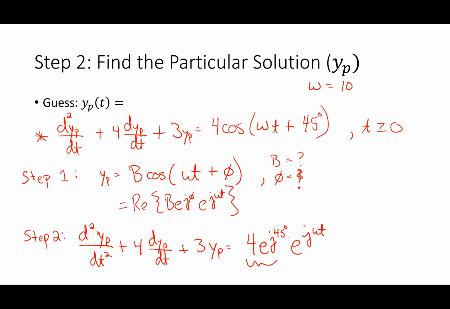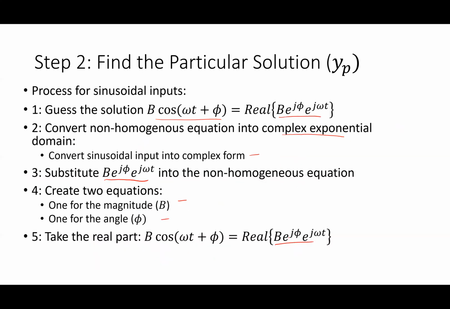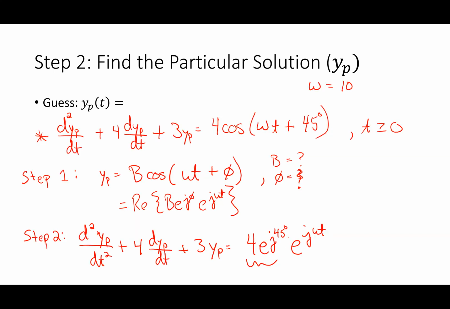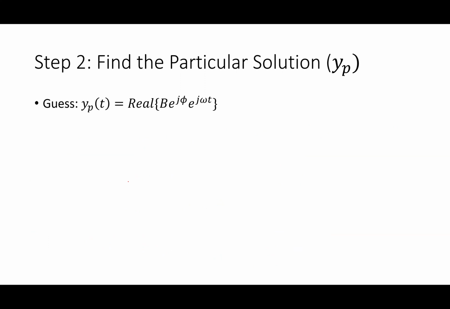Now I got to keep going, and I want to in step 3 substitute b e to the j phi e to the j omega t. So substitute in my yp guess into that equation. So now I go into step 3.